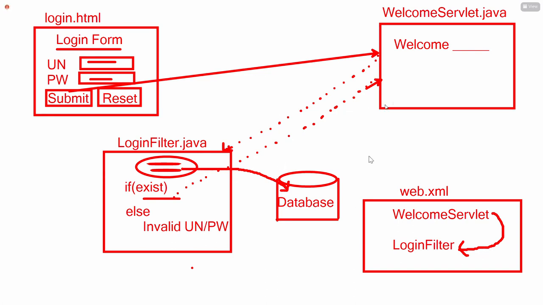Like that, it is the filter concept. Control diverted to filter. Filter executed. If it exists in the database, again comes back. If it does not exist in the database, invalid. Here only stop. The servlet is not executed. Okay, that type.